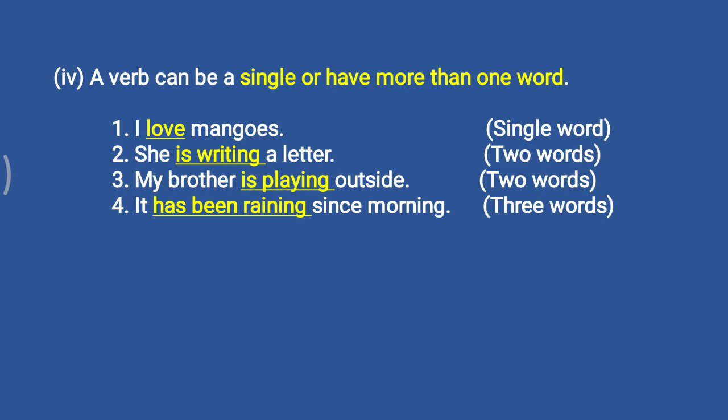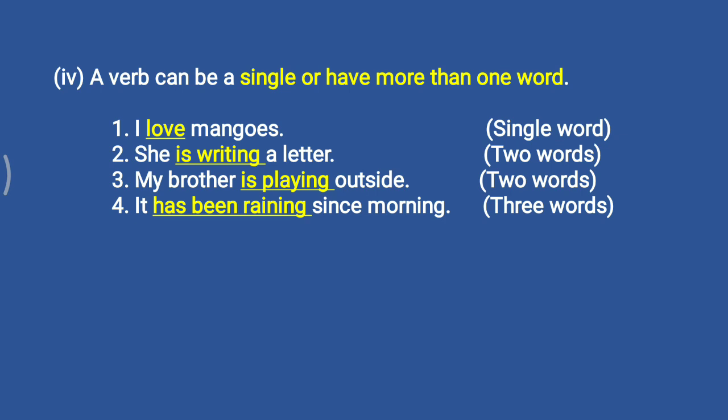A verb can be a single word or have more than one word. Let's see these examples. I love mangoes. Here love is a verb and it is a single word in this sentence. She is writing a letter. Here two words are verbs.